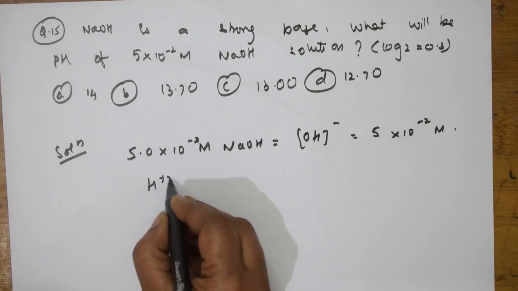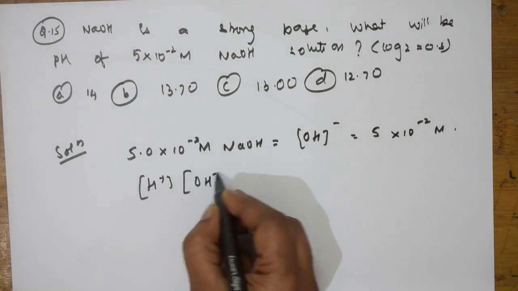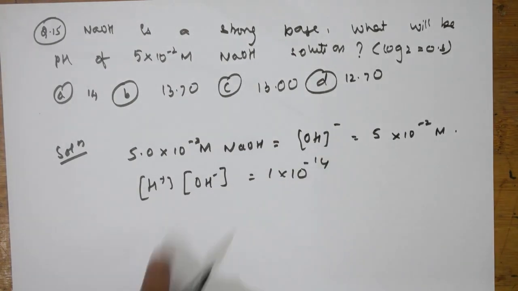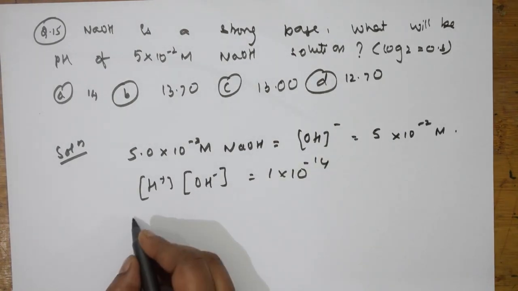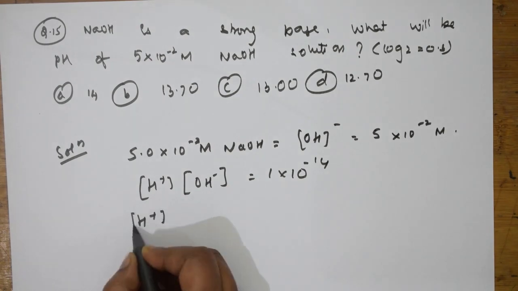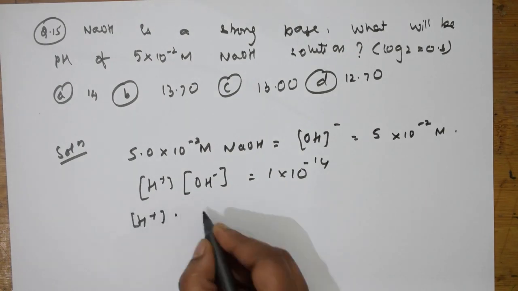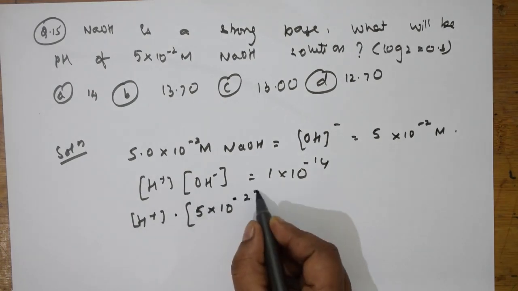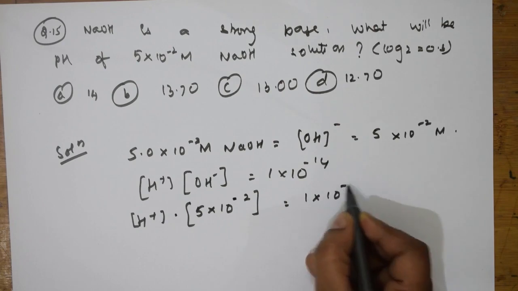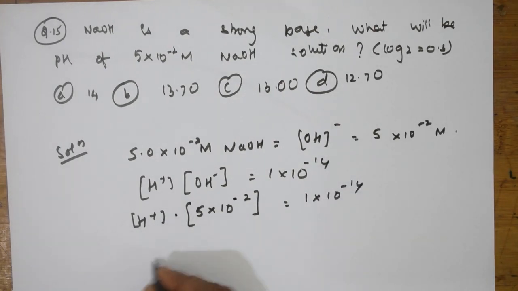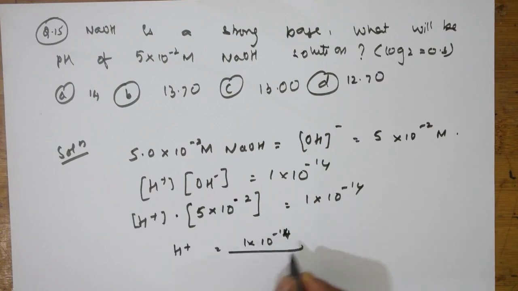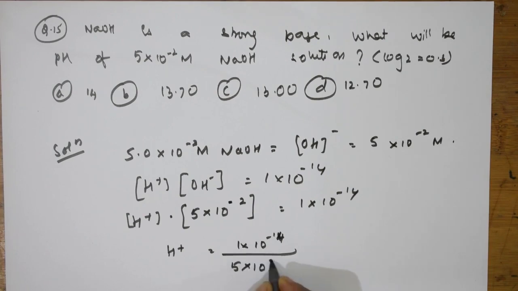Now we very well know H plus ion concentration into OH minus ion concentration is 1 into 10 raised to the power of minus 14. So how much is OH minus now? This one. So H plus into 5 into 10 raised to the power of minus 2 is equal to 1 into 10 raised to the power of minus 14. Find out H plus, because that is what I need to find. H plus is equal to 1 into 10 raised to the power of minus 14 divided by 5 into 10 raised to the power of minus 2.